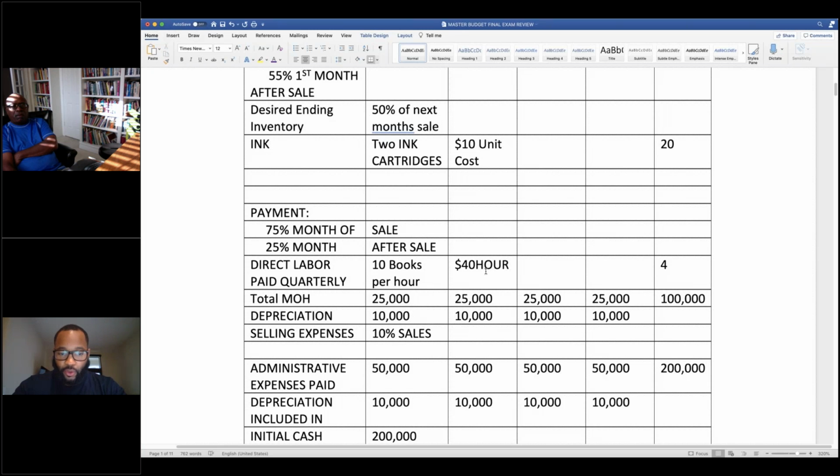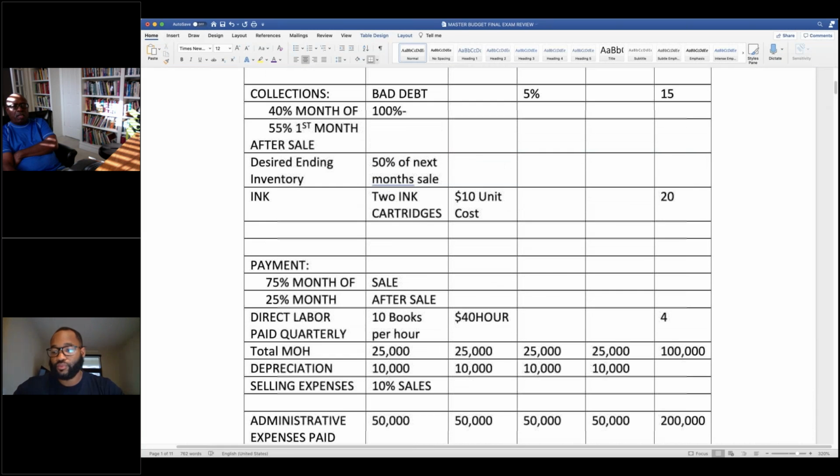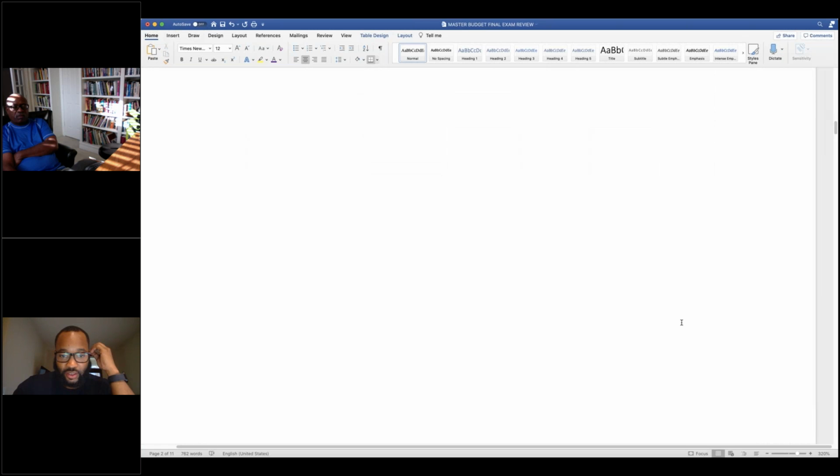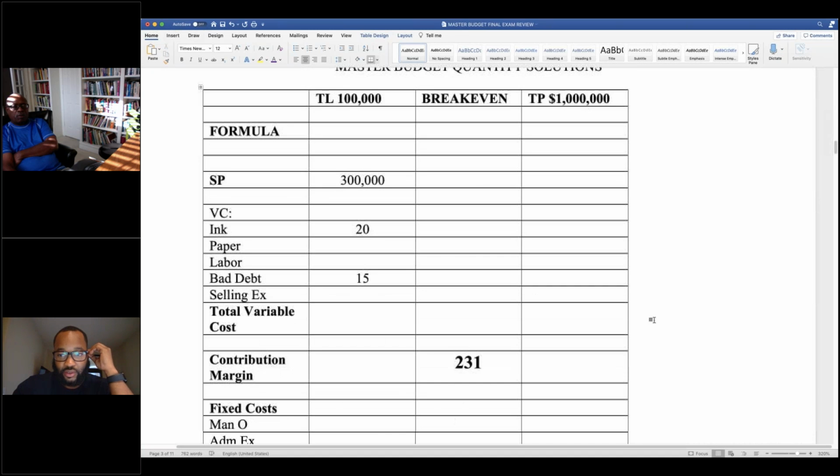But we're only trying to make one? Yep. So we just divide it? Yeah, divide it. $4. Look at it this way: if you paid $40 for 10 things, how much would they cost you each? So you can just multiply it or divide it to get that number. So the labor is 4.